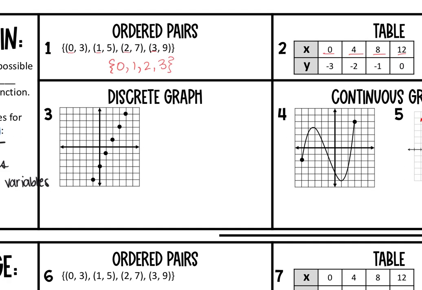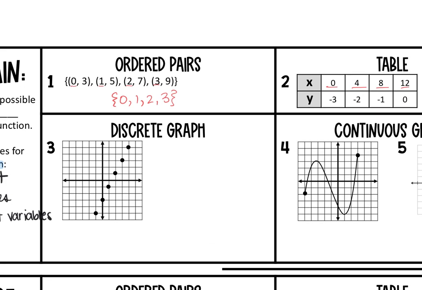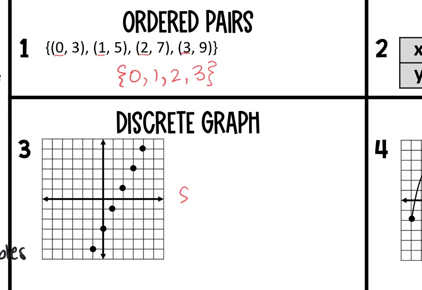Number 3, when we're given a discrete graph like that, once again, we're just given a set of ordered pairs. So all we need to do for this domain, just like with the last 2, is list the x values of those points. So that one has an x value of -1.